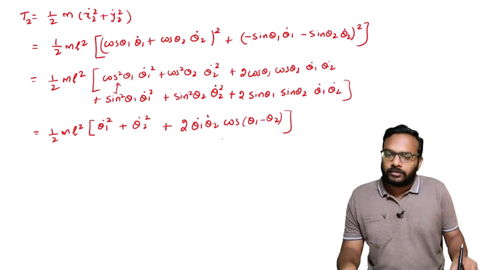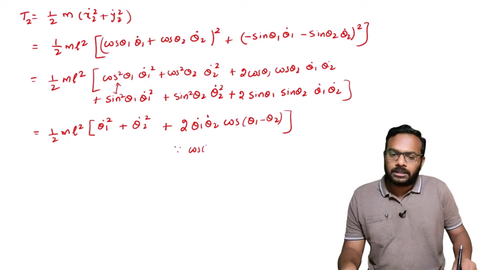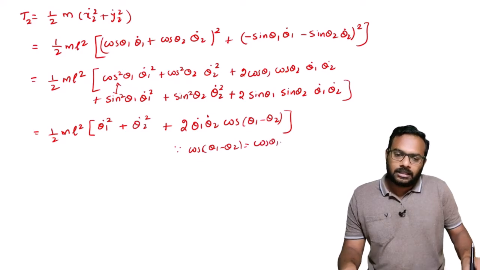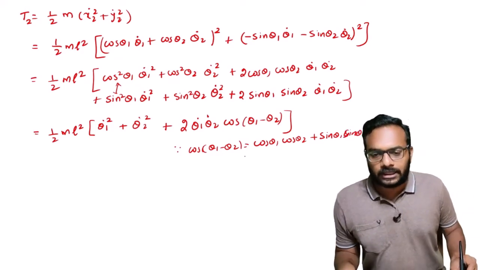Because cos of theta 1 minus theta 2 can be written as cos theta 1 cos theta 2 plus sin theta 1 sin theta 2, the trigonometric identity you might be familiar with already.